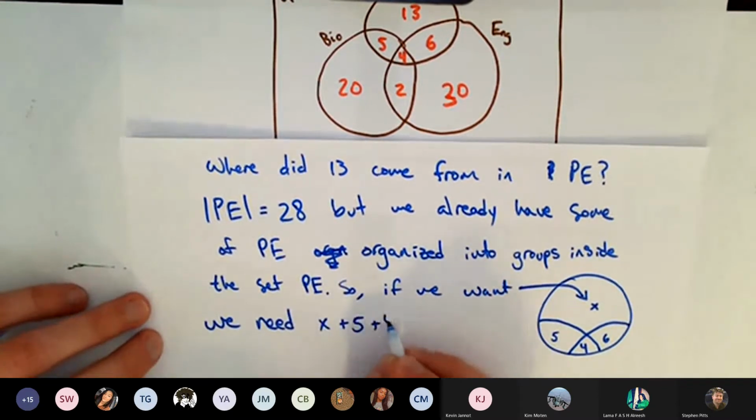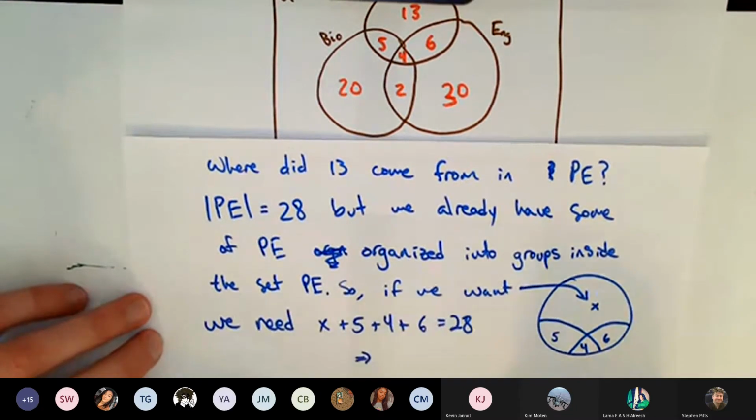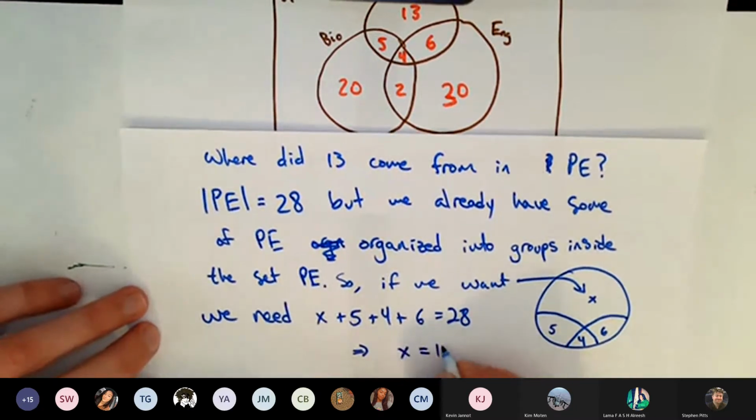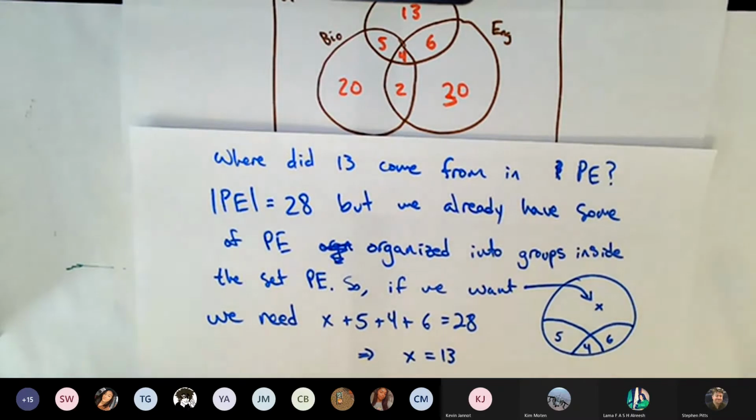X plus 5 plus 4 plus 6 equals 28, which then ends up yielding that X is 13. So that's another way to look at it: you can build a little equation out of it. The point is that they should all sum up to whatever the cardinality of the whole set is. So you have to pull the set apart. Okay, that was just building the picture.